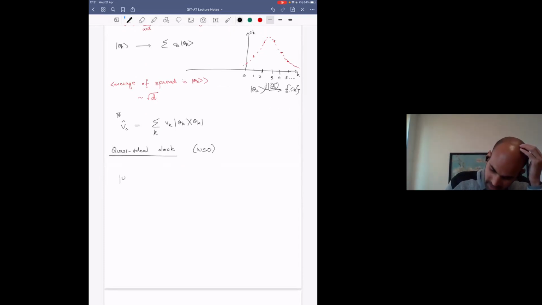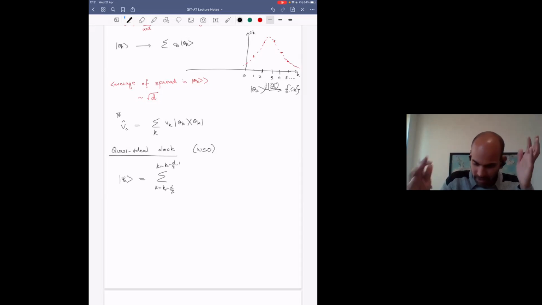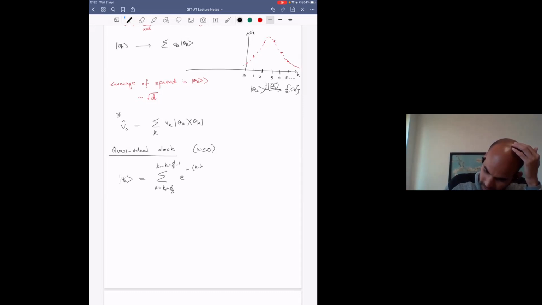So let psi of the clock be equal to a superposition from k equals k_0 minus d over 2 to k equals k_0 plus d over 2 minus 1, to make sure that it's exactly d states, of e to the minus k_0 squared over sigma squared, times e to the minus i 2 pi n_0 k over d, times theta_k.